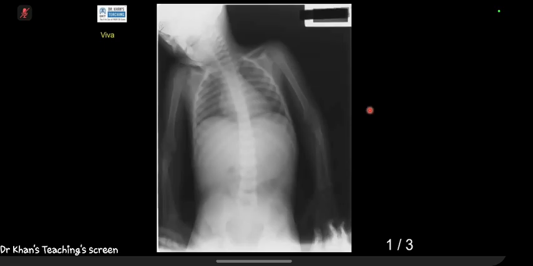However, I can see expansion of the ribs bilaterally. In my routine practice, I will also change the window for this radiograph to see if there is any abnormality within the vertebra, which I cannot see.